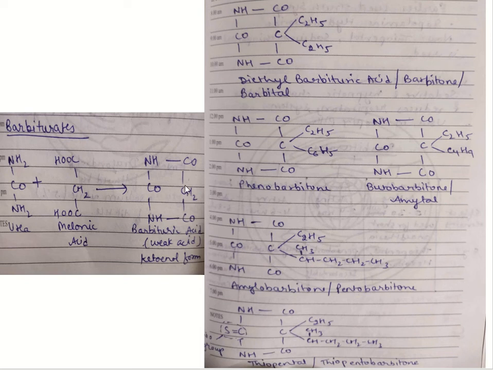These two hydrogens will be replaced to form a variety of barbiturates, and when the C=O bond is replaced with a C=S bond, it is known as the thio group, for example thiopental, thiopentobarbital, etc. Here the oxygen is replaced with the sulfur group, thio group, and there are 5 carbon atoms, so it is thiopental.